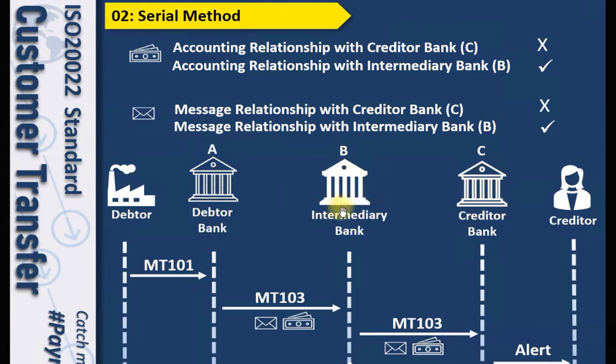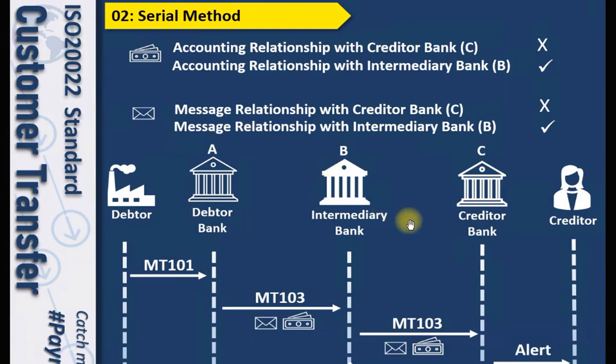There is an intermediary bank in between, because bank A doesn't have an account with bank C. That's why they want to use bank B. From the accounting perspective, there is no relation with bank C, while we have a relation with the intermediary bank, bank B. From the message perspective also, bank A is not capable of sending a message to bank C because they do not have a message relationship. Bank A is capable of sending a message to bank B.